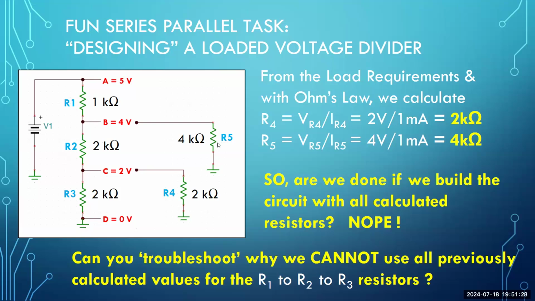Once we loaded the voltage divider with R4 and R5 attached to point B because it requires 4 volts, R4 attached to point C because it requires 2 volts, the dynamics of adding on additional circuitry does change a lot of things and changes things in such a way we can't keep these original ohmic values, and you'll see why in a moment, okay? Let's take a look here.